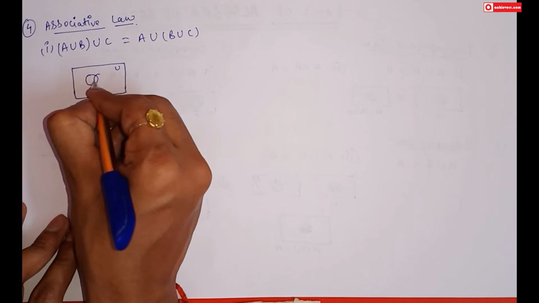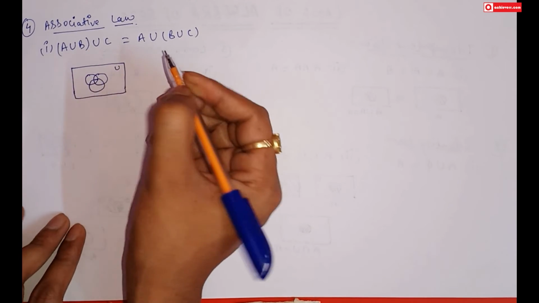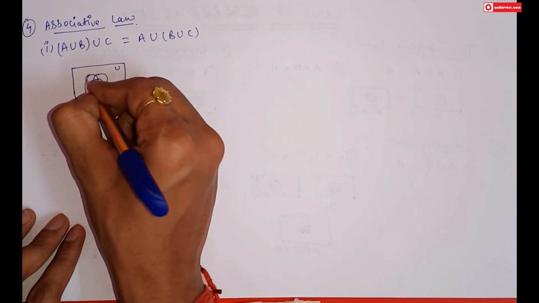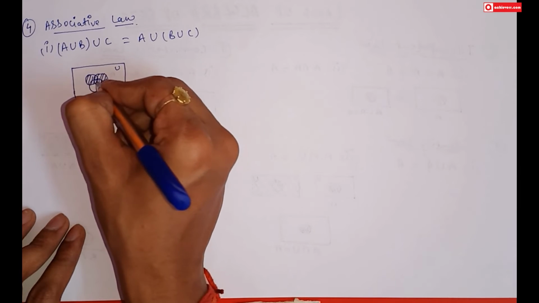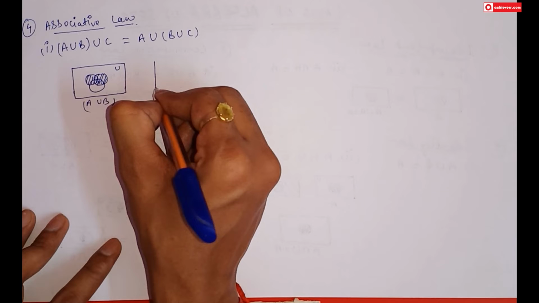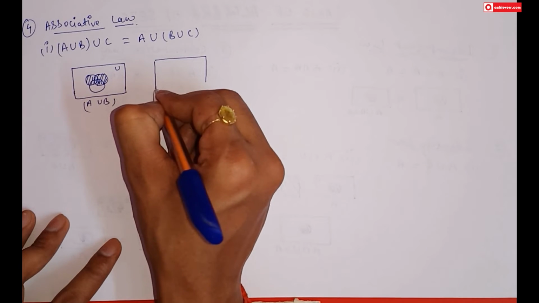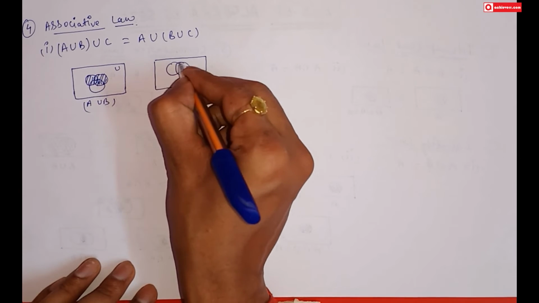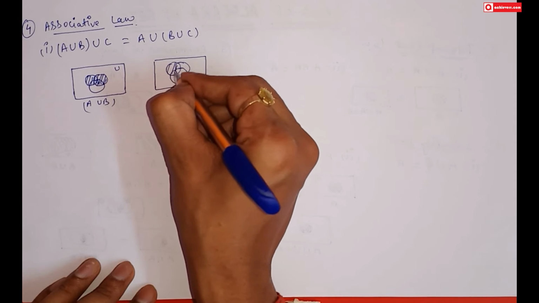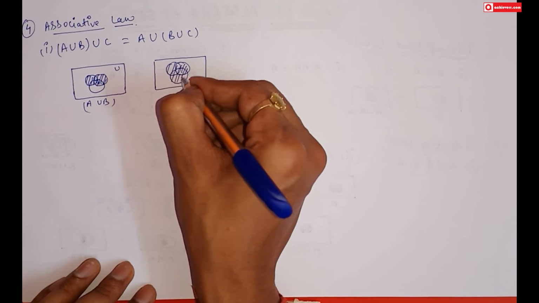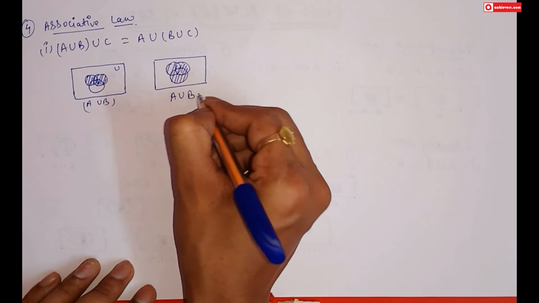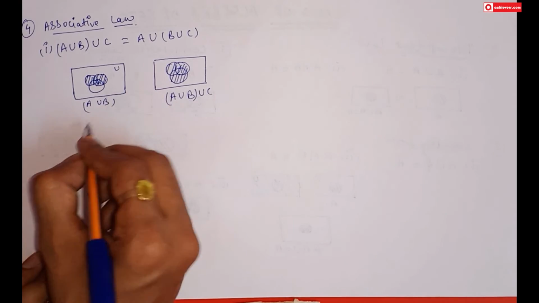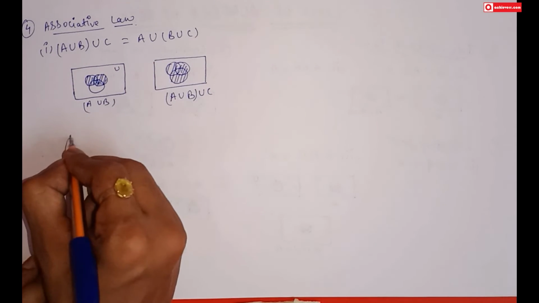This one is first, this one is second, this one is third. First we will make A union B. What is A union B? This whole portion. This is A union B. Then we will make A union B union C. This one was A union B and we have to include the C part in it. So this will be A union B union C. Now we have to make B union C.